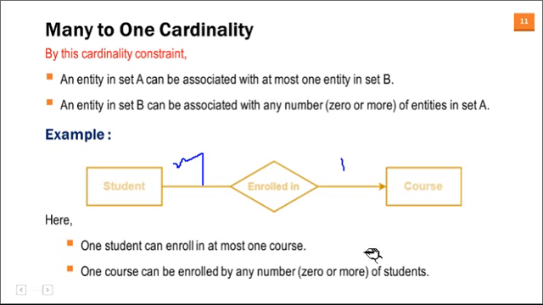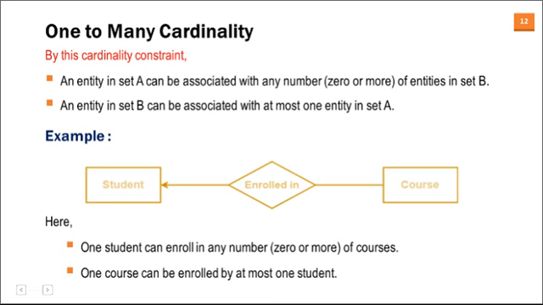But the student cannot enroll for more than one course. I cannot enroll my student in BTech and side by side in MBA or BCA. So there is a constraint that one student can enroll for at most one course, but many students can be enrolled for the same course.